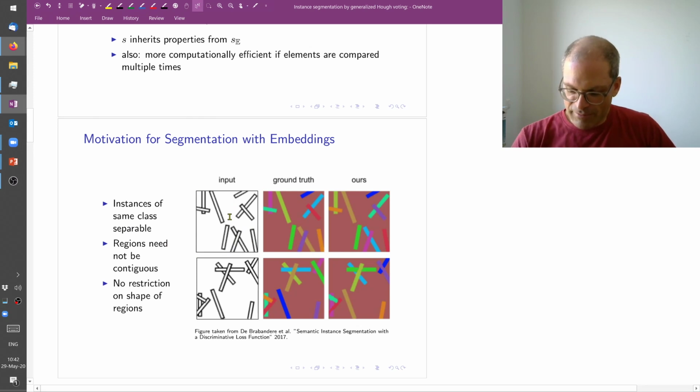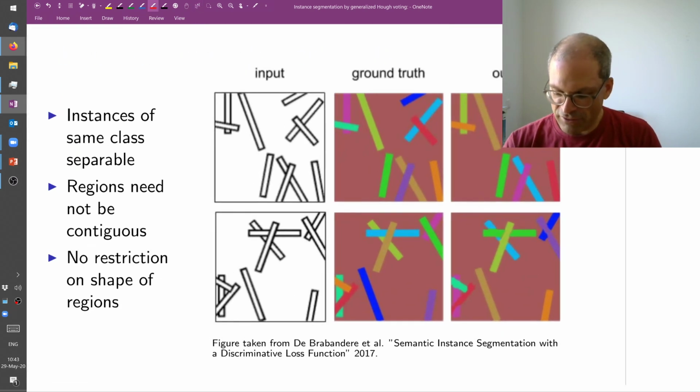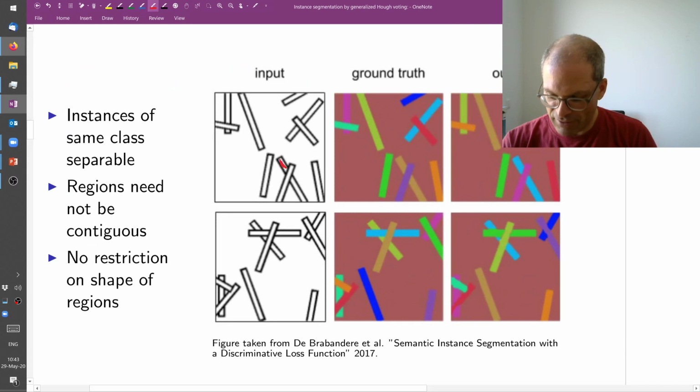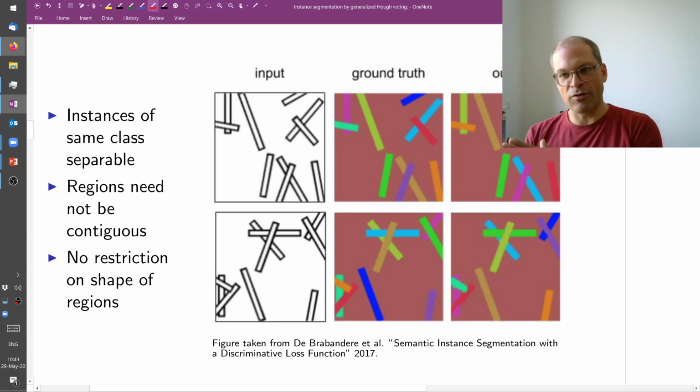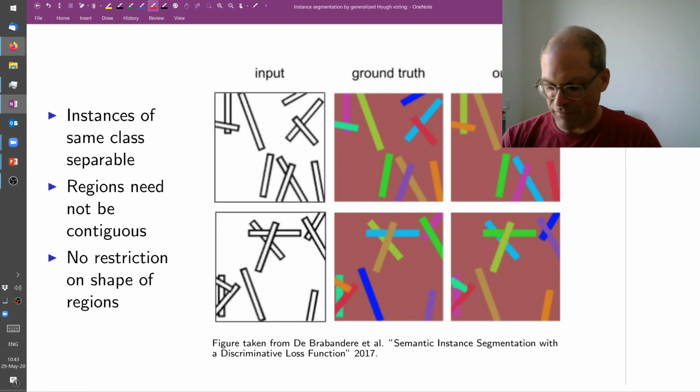So what you see here on the left are two different inputs, and you want to train the neural network to find instances. Now, for traditional computer vision, that is not a trivial task, because we consider this and this to be the same instance, but it's occluded by something else. So if we did something like find all boundaries and then do connected components, then because we have this occlusion here, the occlusion would split my part into two halves, one left and one right half, but we want it to be the same.